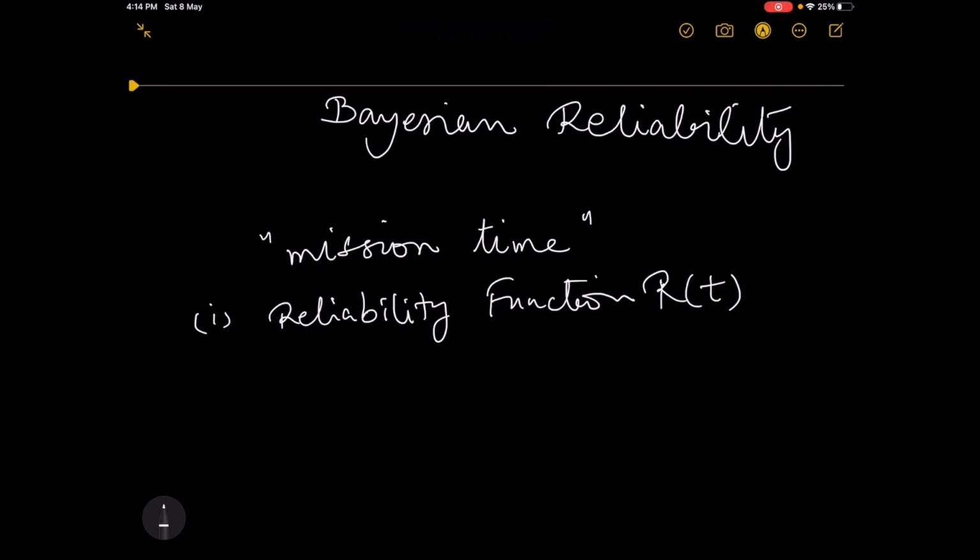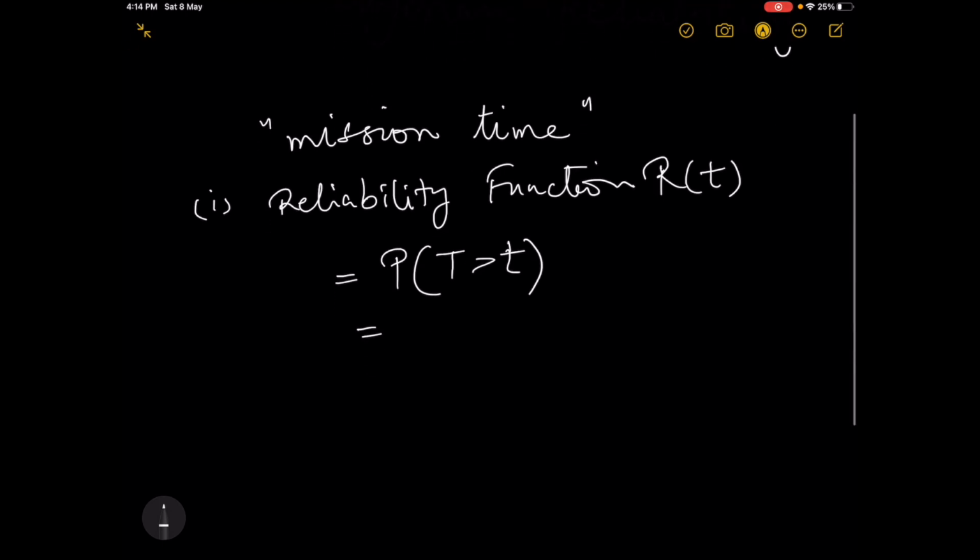The reliability function at time t can be defined as the probability that the lifetime of the component survives beyond time t. So we'll say it has survived at least till time t. Notationally, if small f represents the probability density function, then this reliability function can be defined as such.